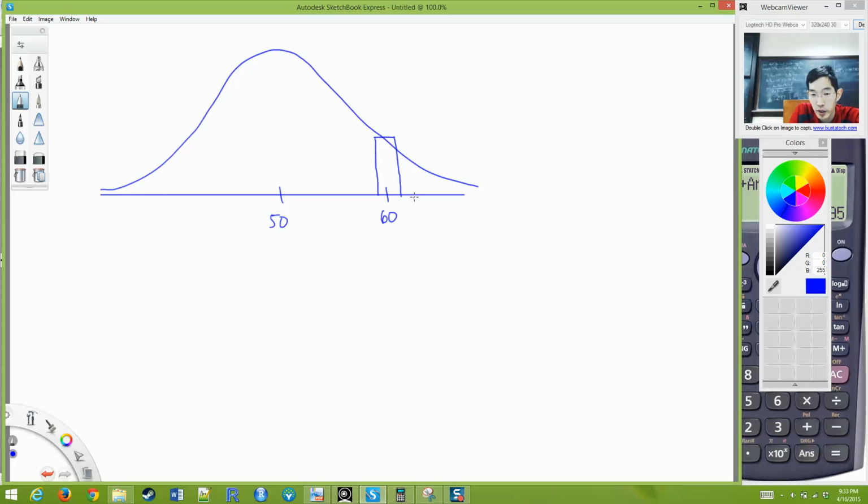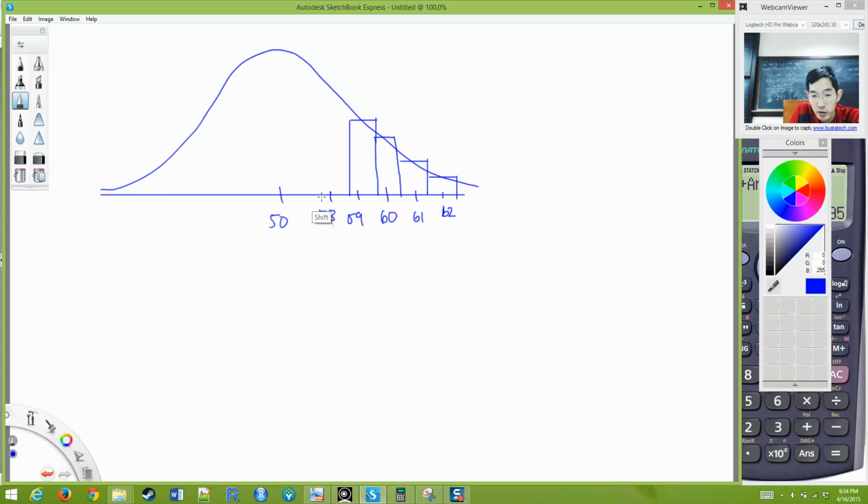And imagine another bar, so this is not to scale, but I think it's okay. I've got a bar right here centered at 61, and then another bar at 62, and over here 59.